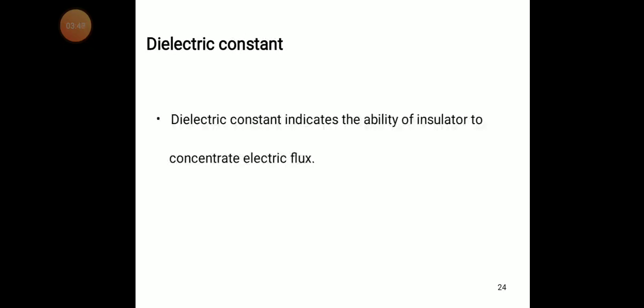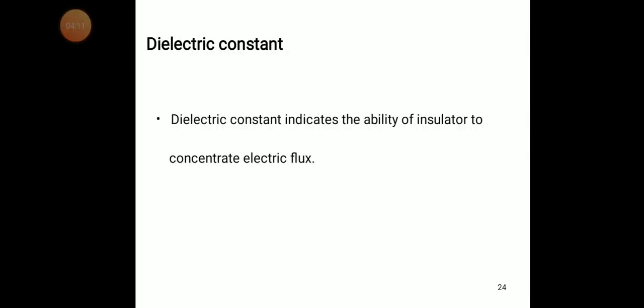The second specification is dielectric constant. Dielectric constant means whatever type of dielectric we are using has a specific constant value. Dielectric constant indicates the ability of an insulator to concentrate electrical flux.